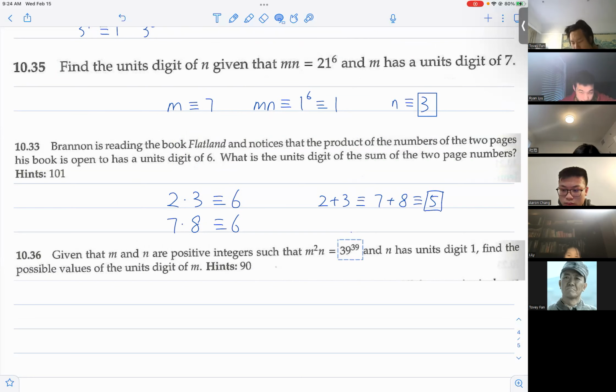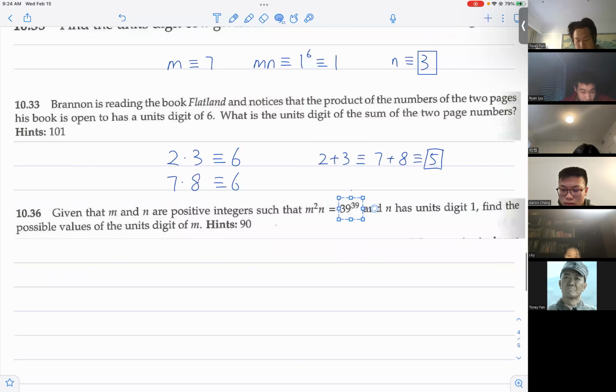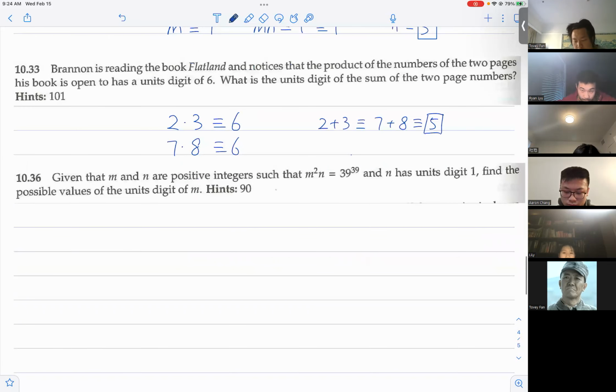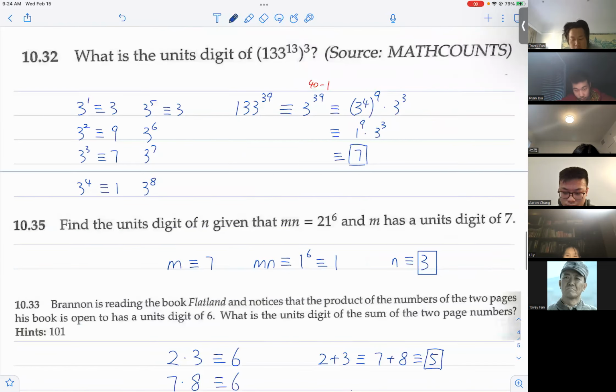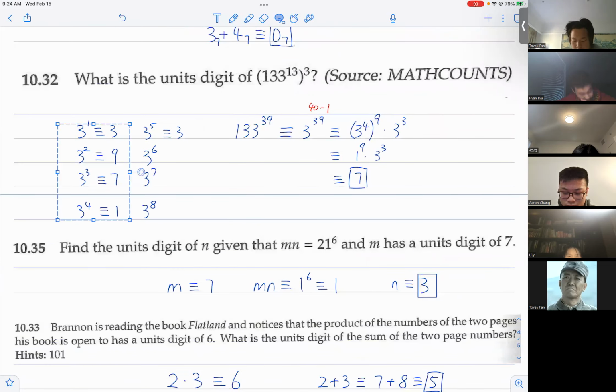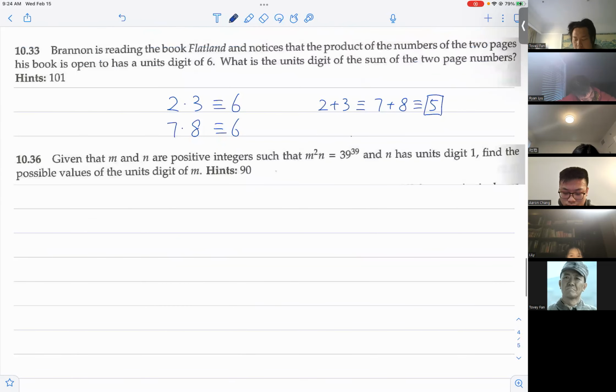So let's try to find out the units digit. How do we find out the units digit of this? We find a pattern. Good, just like threes, we find a similar pattern. So 39 to the power of 39, that's equivalent to finding the pattern of which digit?